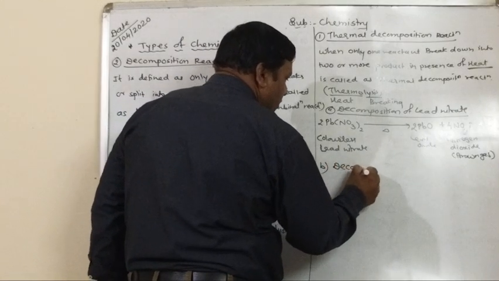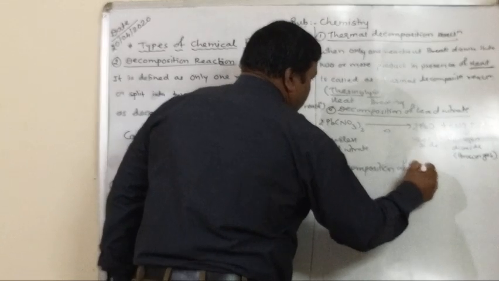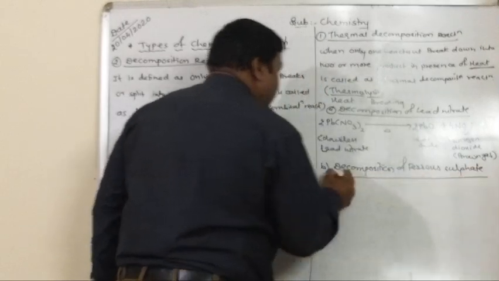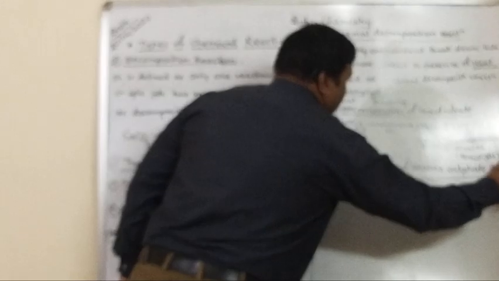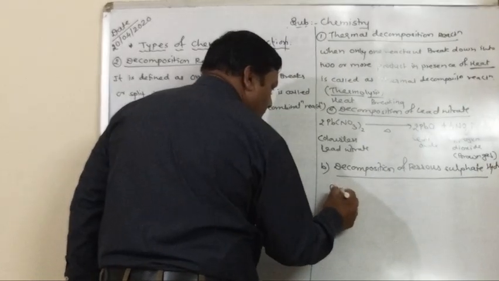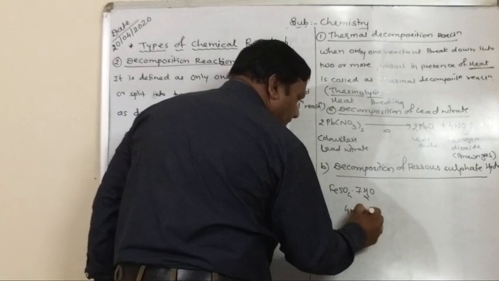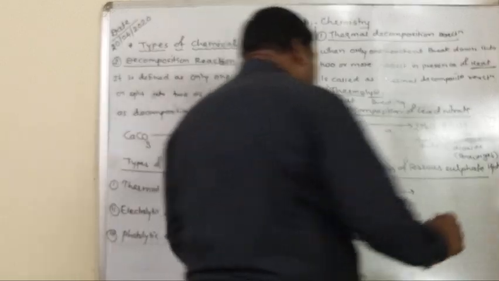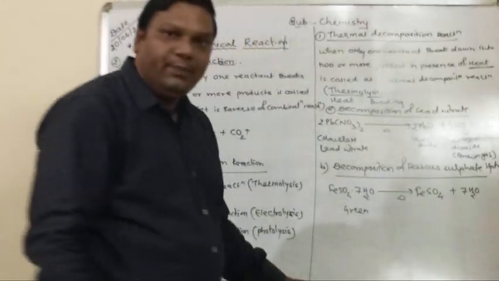Second one is decomposition of ferrous sulfate. Now this is hydrated ferrous sulfate. Hydrated means it has some water. So FeSO4.7H2O, it is green in color. When it is heated, you will get FeSO4 plus 7H2O, meaning the water molecules break away.